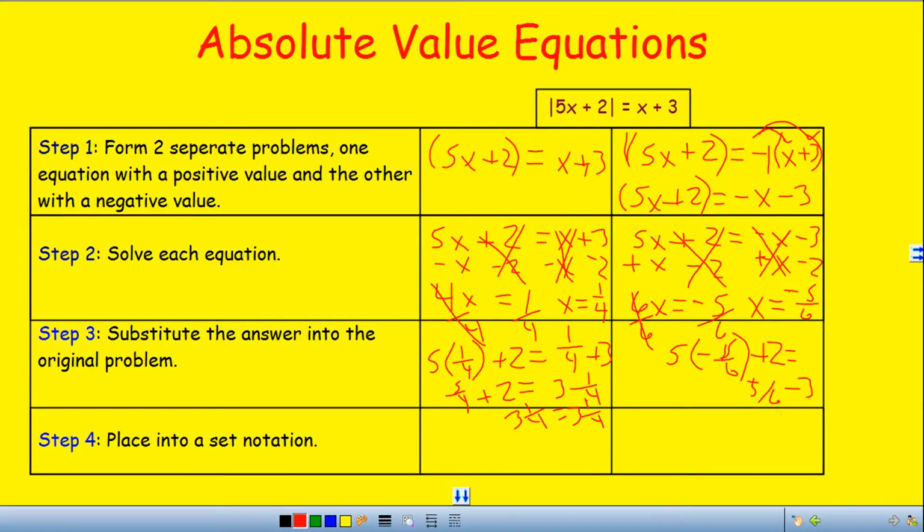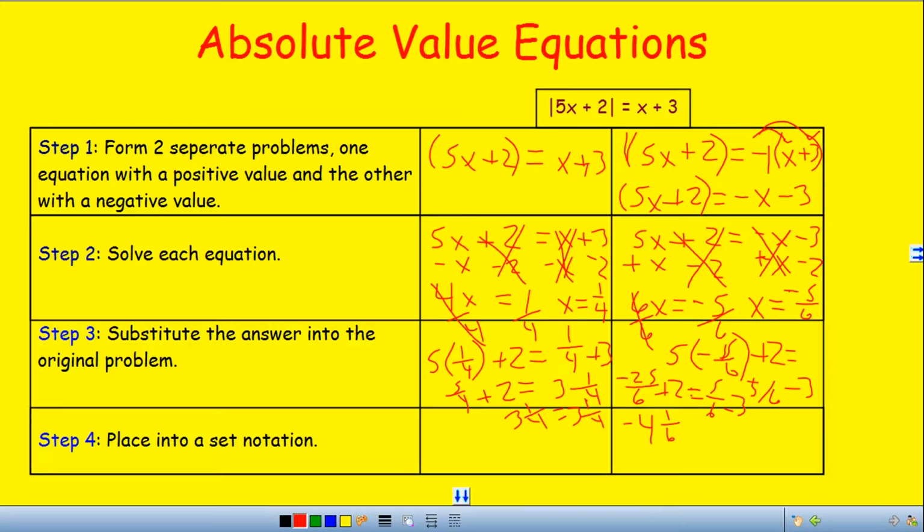So 5 times negative 5/6 is the same as negative 25/6 plus 2. And we want to know if it equals 5/6 minus 3. Now, negative 25 over 6, 6 goes into 25 4 times with 1 left over.